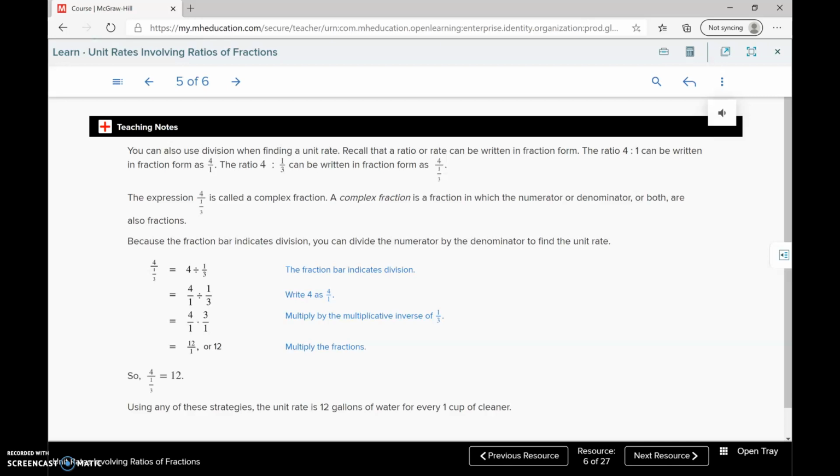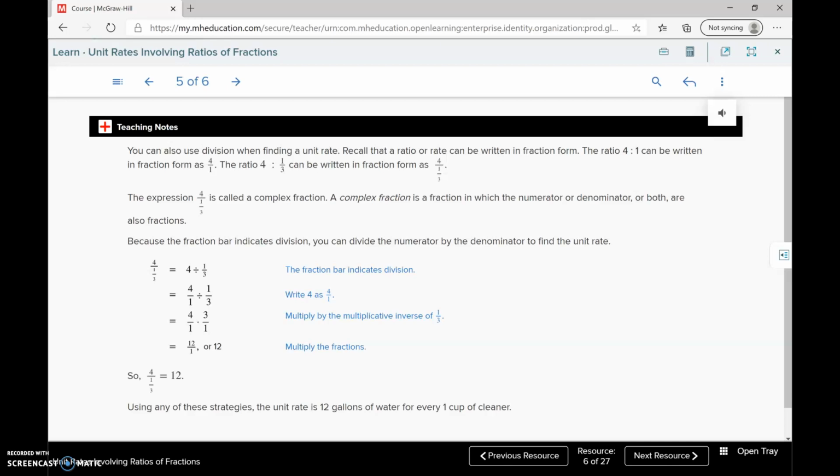Because the fraction bar indicates division, remember that, fraction bar means division, you can divide the numerator by the denominator to find the unit rate. So 4 divided by 1/3, hey look, that's just dividing by a fraction. We turn the whole number 4 into a fraction: 4 over 1 divided by 1/3.